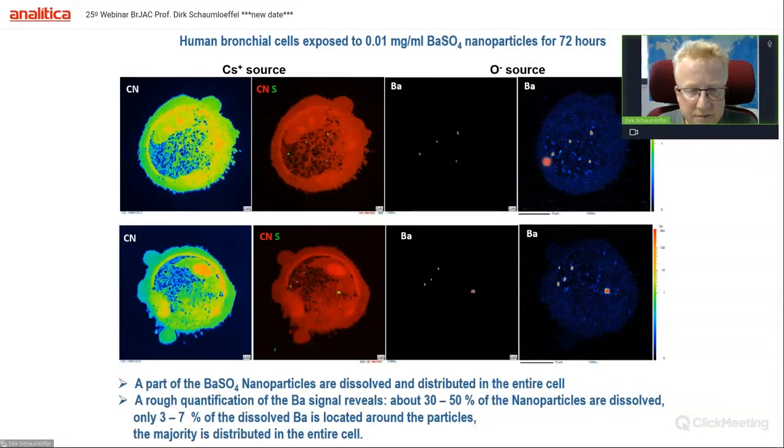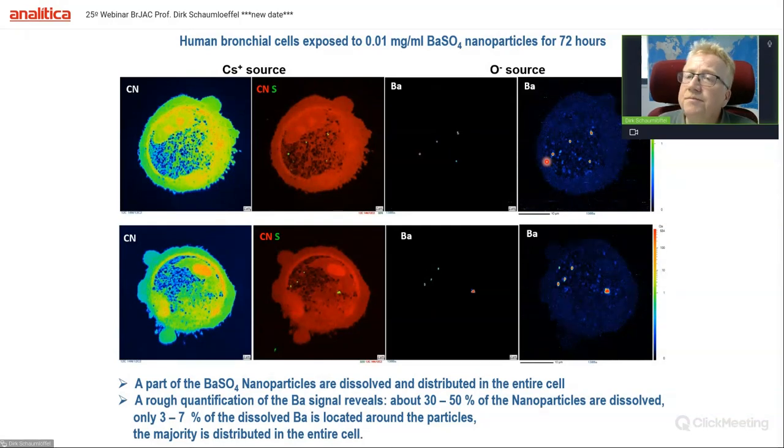And this rough quantification is really only a relation inside of one cell, to compare the different barium signals. So about 30 to 50% of the barium of the nanoparticles is dissolved. 3 to 7% is located still around the particles, but dissolved, and the majority is distributed in the entire cell.